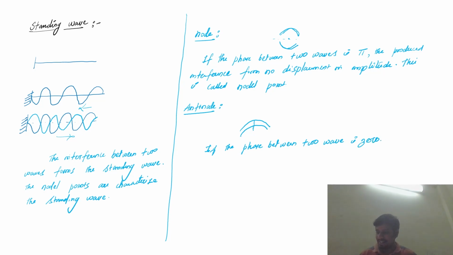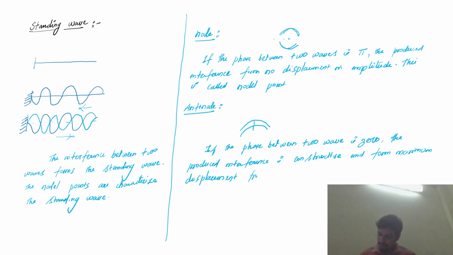If they are identical, the produced interference is constructive and forms maximum displacement from the mean position.